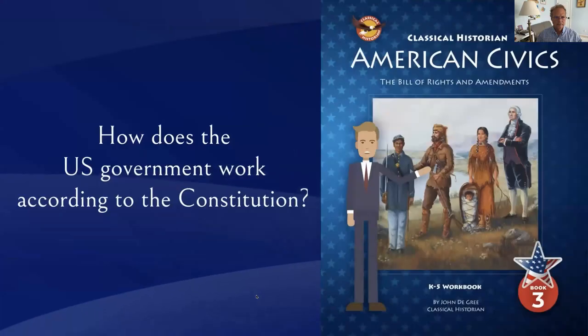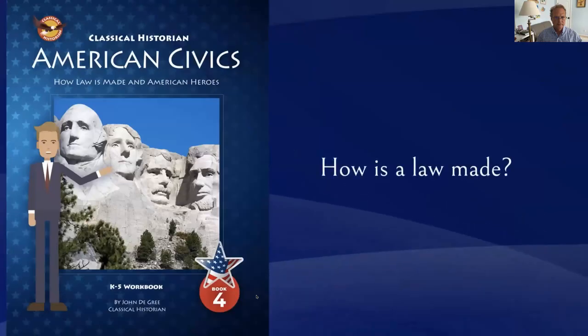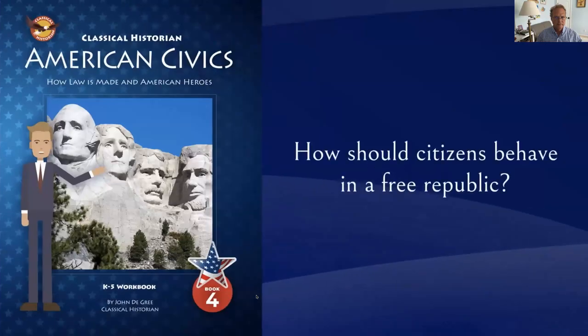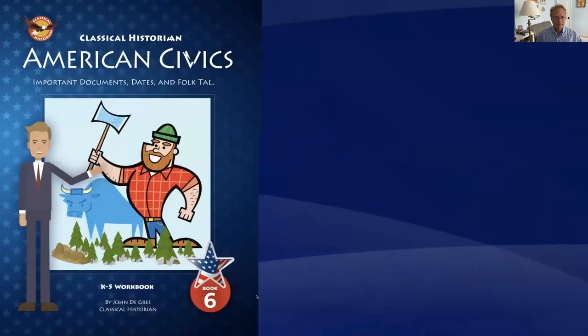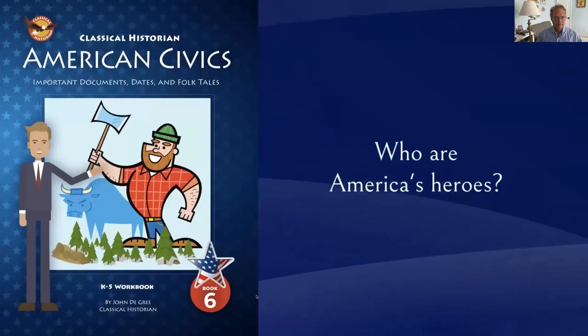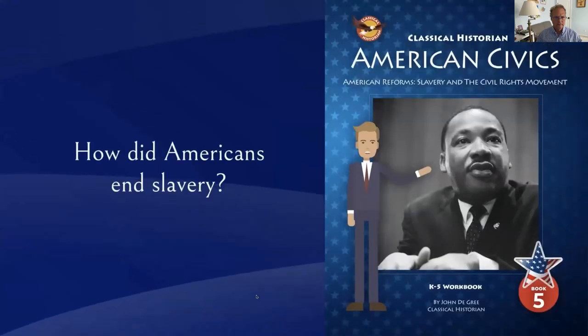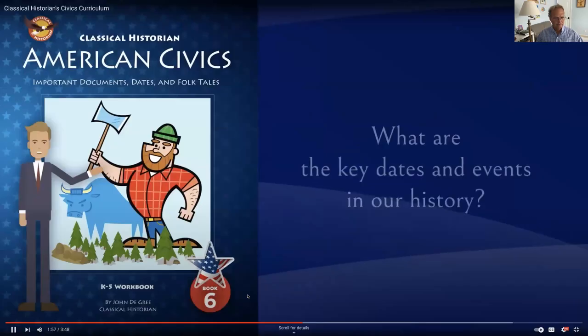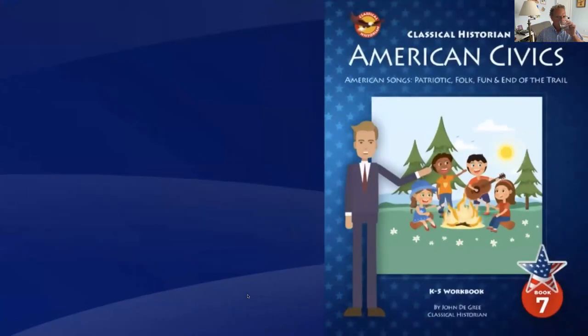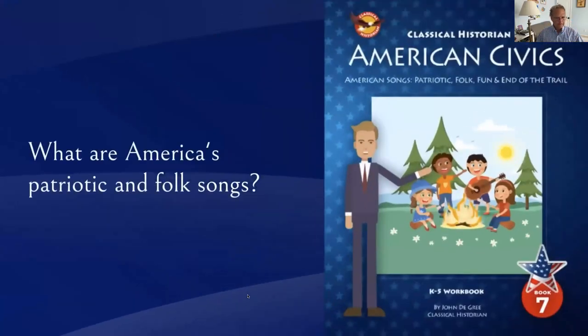How does the U.S. government work according to the Constitution? How is a law made? How should citizens behave in a free republic? Who are America's heroes? How did Americans end slavery? What are key dates and events in our history? What are America's patriotic and folk songs?